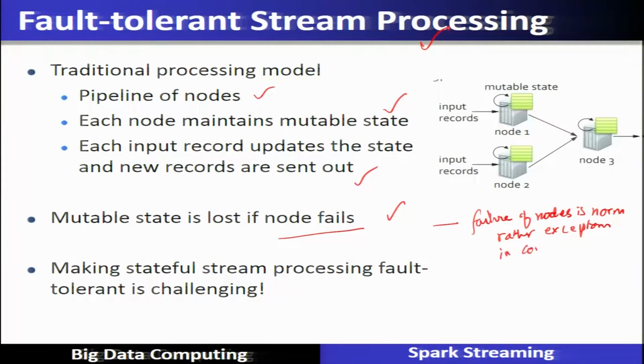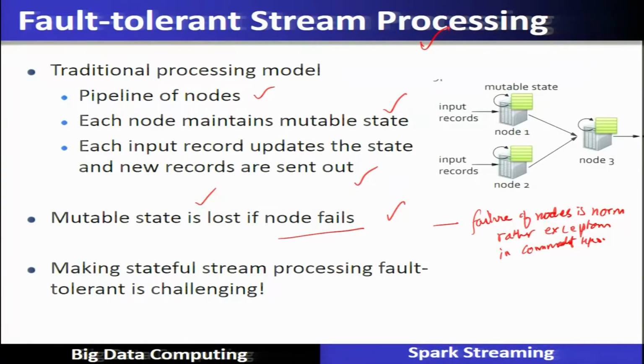In commodity hardware, therefore, when a node fails, the mutable state, for which fault tolerance is being maintained, will be lost. So, some things are basically lost in the traditional, previous systems.